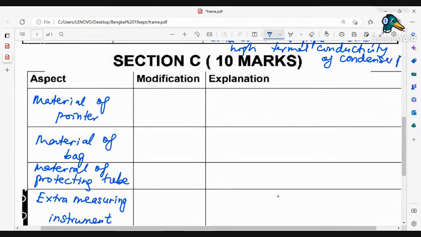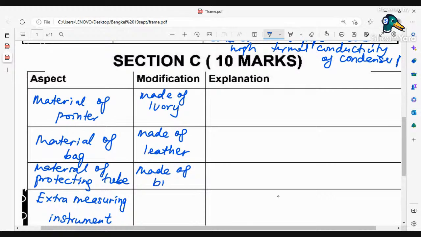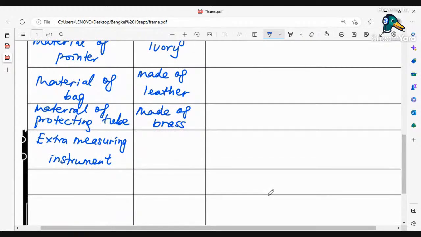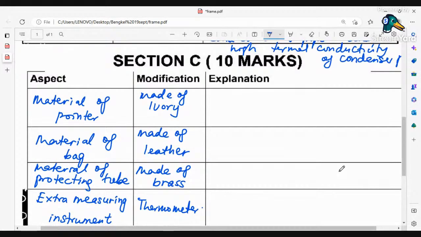Okay, the pointer is made of ivory, or gading. Made of leather. Material of protecting tube, made of brass. Extra measuring instrument, thermometer. Okay, write the reason.